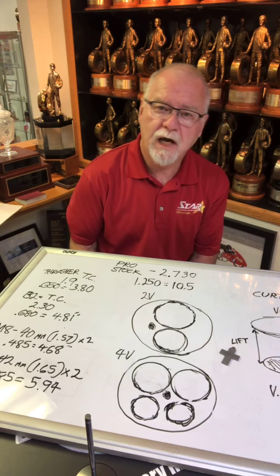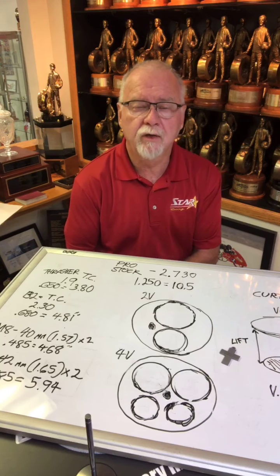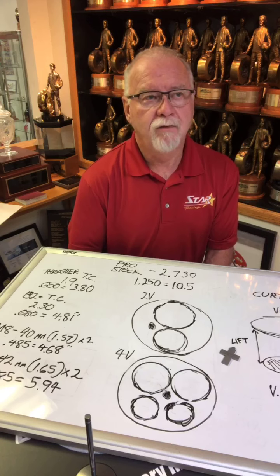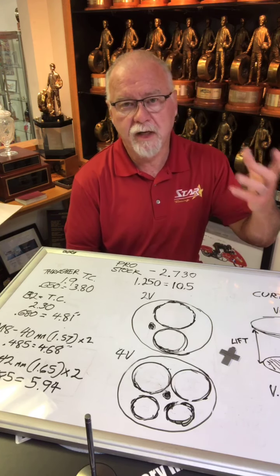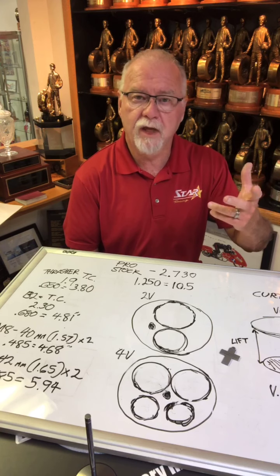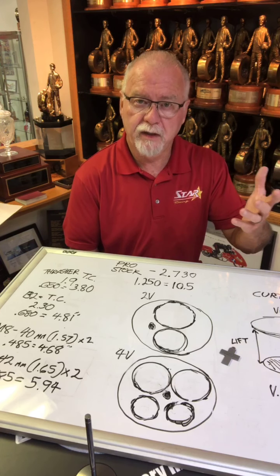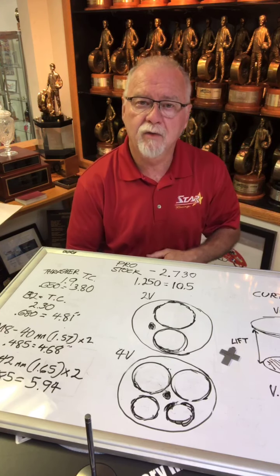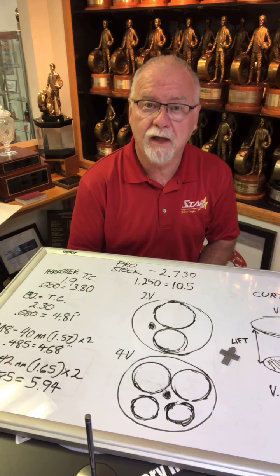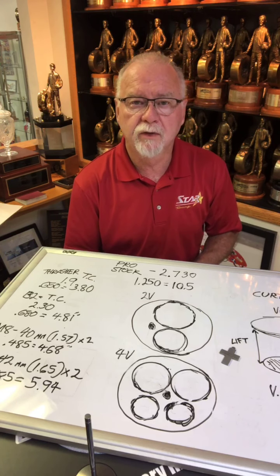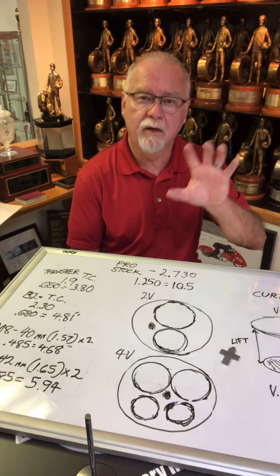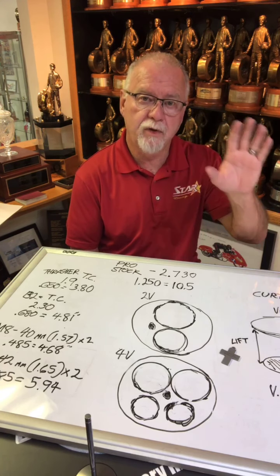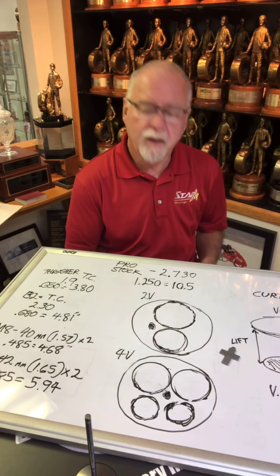So how do you avoid reversion? Well, you find out where your power peak is, where your operating range is. You're going to run it down low in RPM, 3,000, 4,000 like a street bike, a Harley, or you're going to run it up high like 10,000, 12,000 or 14,000 like some of the Pro Stock 4-cylinders are doing. You want the cam timing to suit the trapping efficiency of the engine and the RPM range you're going to run.